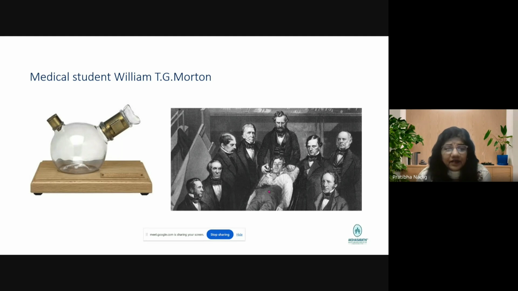He was the first person who identified and devised this equipment to administer ether. Very interesting story. So this fellow started thinking when he was working in the laboratory which synthesized ether. There's a very interesting history of this ether anesthesia. This fascinated me when I studied my MD pharmacology. And then it was more fascinating because it was developed by a medical student.